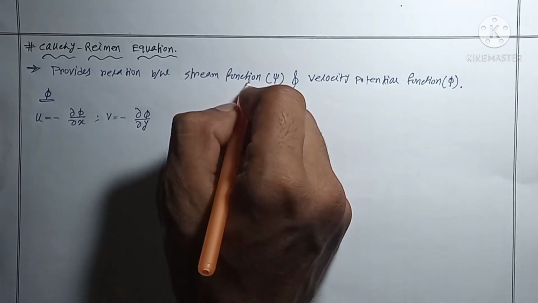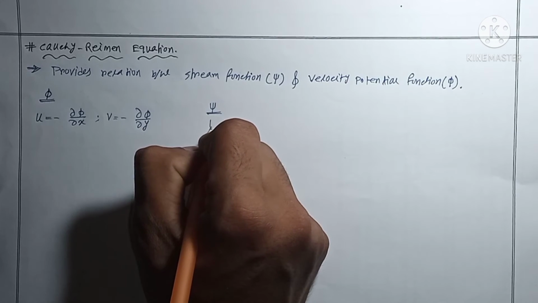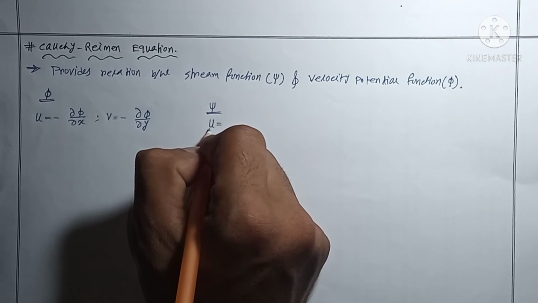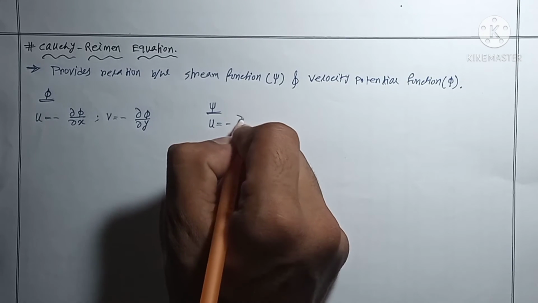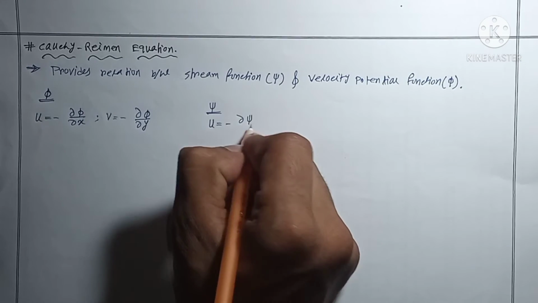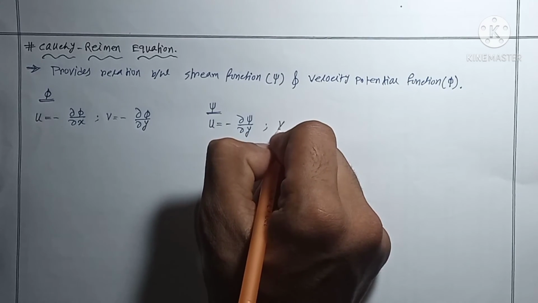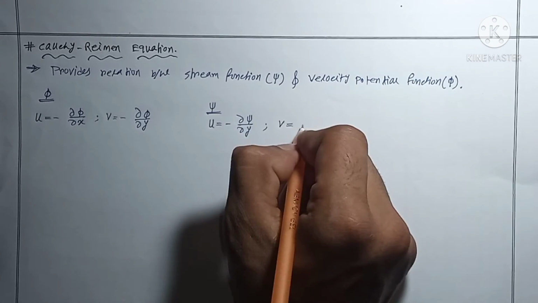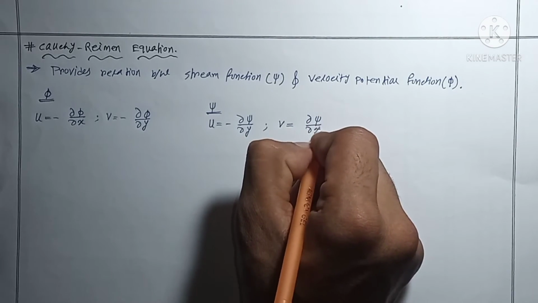And from the stream function psi we can write the velocity component in the x direction, u, is equal to minus dou psi by dou y, and the velocity component in the y direction, v, is equal to dou psi by dou x.